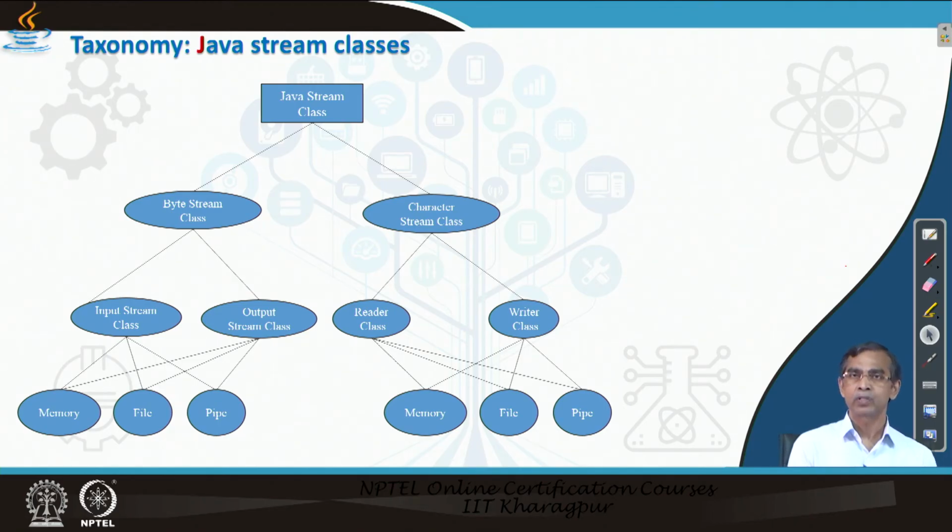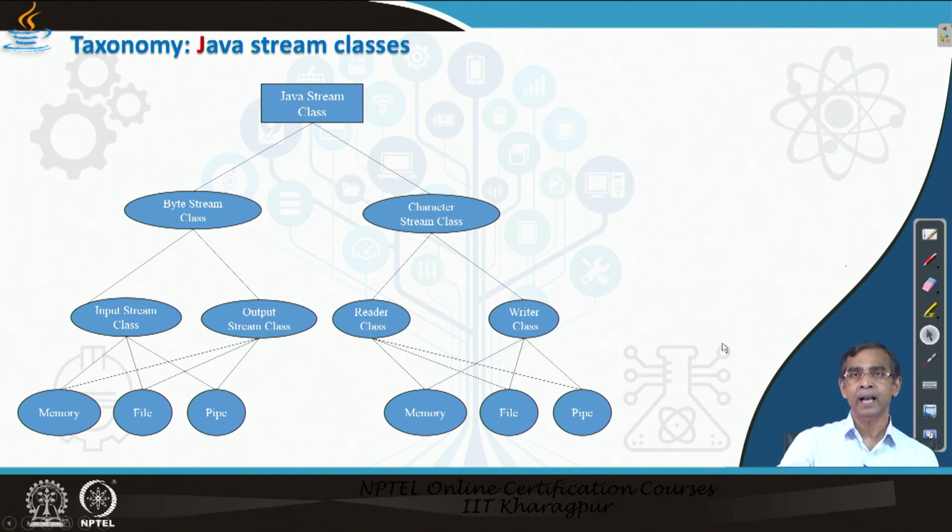Basically, from one source it goes to another destination, and this is called the pipe. So, there are different types of input and output sources and destinations, and dealing with these things in the form of character stream classes.